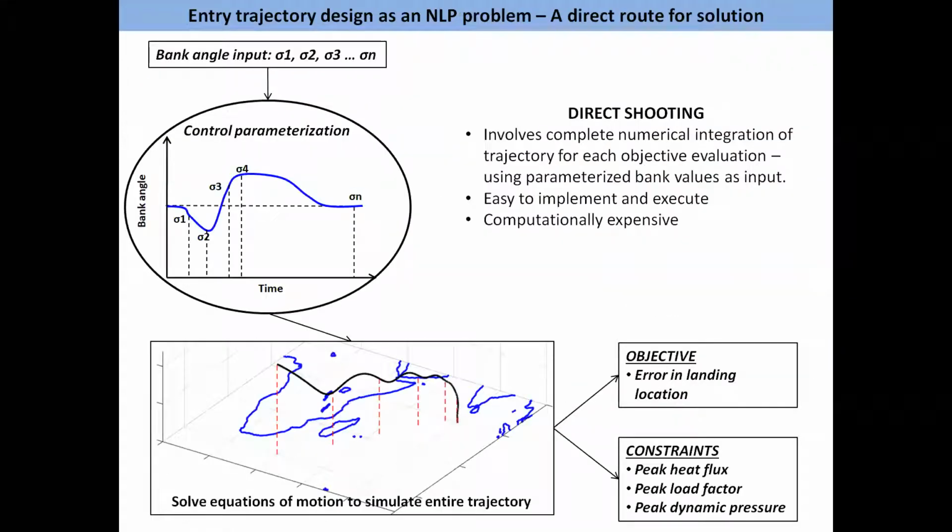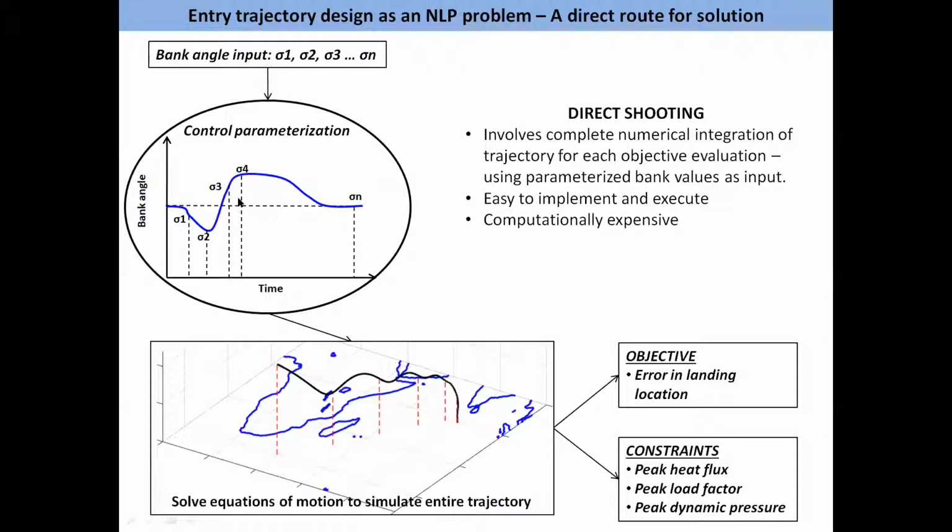Now, how do you transcribe the entry trajectory design problem as an NLP problem? So I'll just show one simple example of a direct route for the solution. That is where you parameterize the control parameters alone. So this is how it is. We know that the trajectory depends on a particular bank profile.